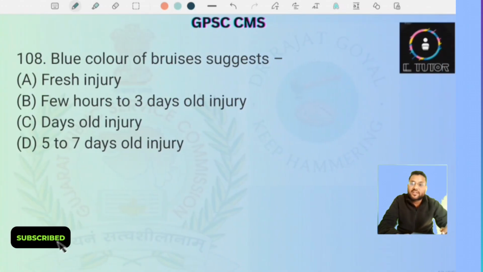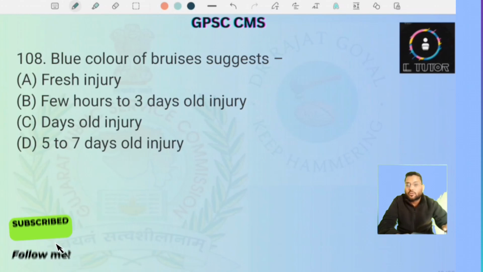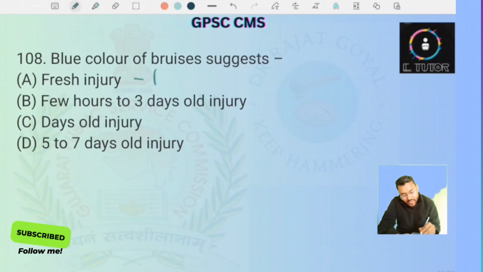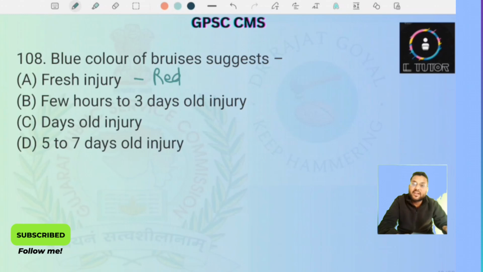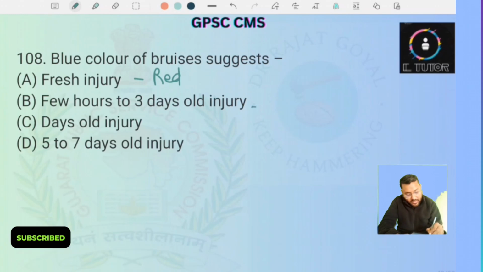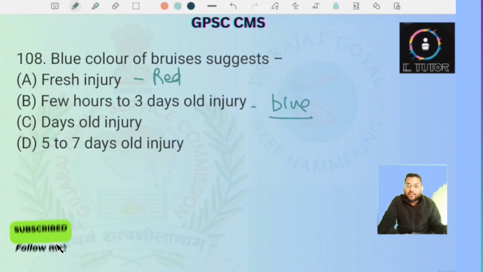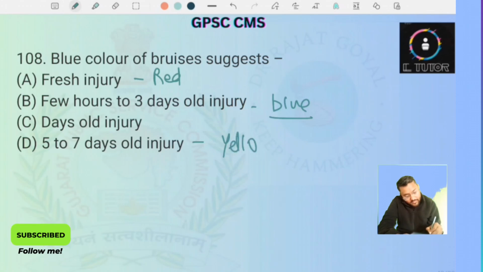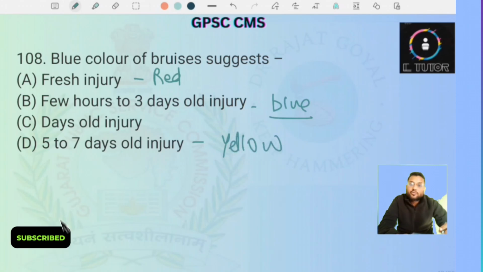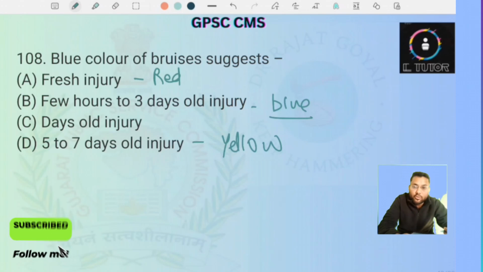Blue color of bruise suggests a fresh injury? No, for a fresh injury the color will be red. A few hours to 3 days old injury, yes, blue color will be there. After 3 to 5 days or 5 to 7 days, it will be yellow. So the fresh injury is red, after that it will be blue, then yellow.